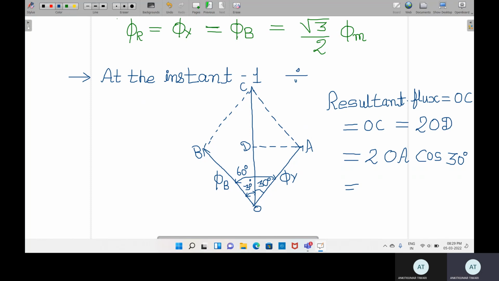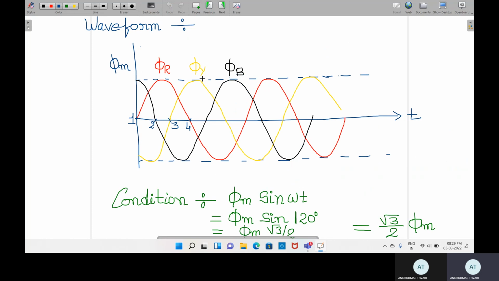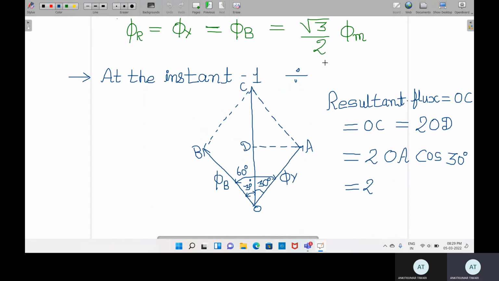So 2 OA. So what is OA? OA is the magnetic flux produced by the coil. We have already discussed that phi r equals phi y equals phi b equals root 3 by 2 phi m.